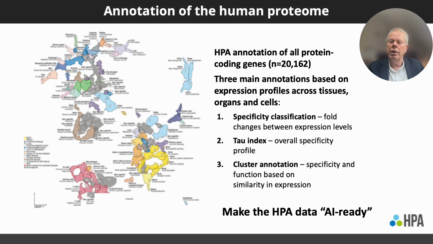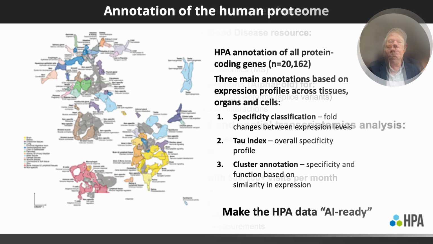We have a more general tau index that gives you the overall specificity of every protein. And then we also have an AI-based cluster annotation where specificity and function is based on similarity in expression. So the objective for the future is to make all of this data AI ready so you can use it in different models to model tissues and cells.